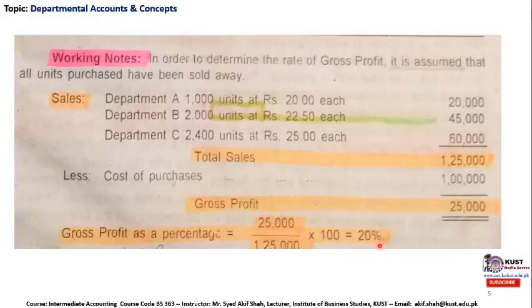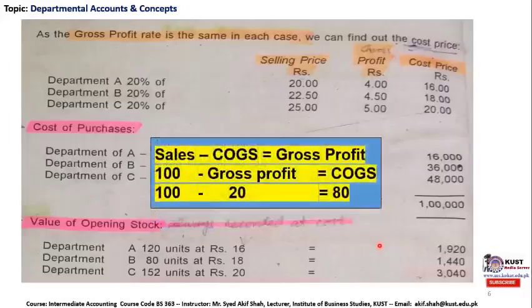This is the formula we can use to find out the per unit cost later on. Let's go towards the second working. The major formula to calculate gross profit is sales minus cost of goods sold. Let's assume that we have 100 rupees of sale. Gross profit is unknown, so we can rearrange it over here and it is equal to cost of goods sold.